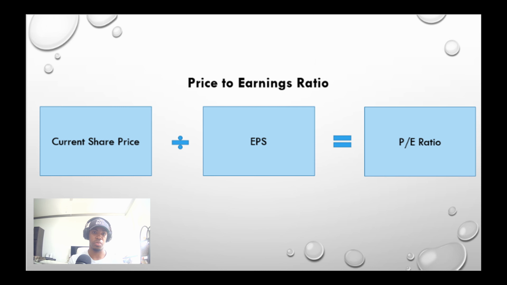Although investors tend to view high PE ratios favorably, it's very important to realize that this data cannot determine whether a share is overvalued or undervalued on its own, right? The PE ratio just determines how long it would take for a company's earnings to recover the current share price, right?